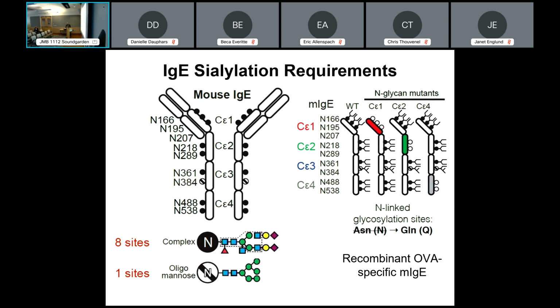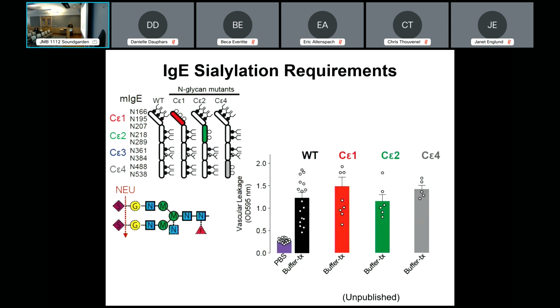So we have a panel of antigen-specific IgE with and without sialic acid, with glycans at defined points in the molecule. We tested this in the cutaneous anaphylaxis model. The sialylated, buffer control treated IgEs triggered fairly robust anaphylaxis, as you can see here.